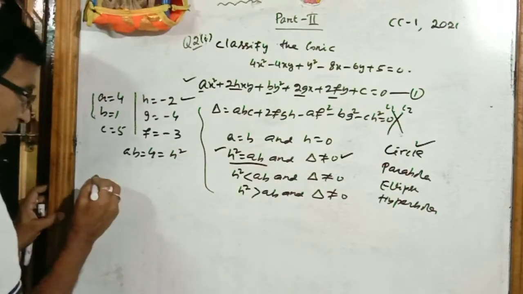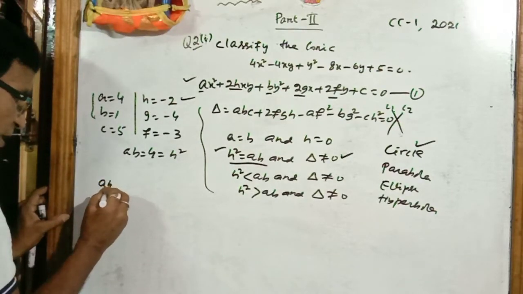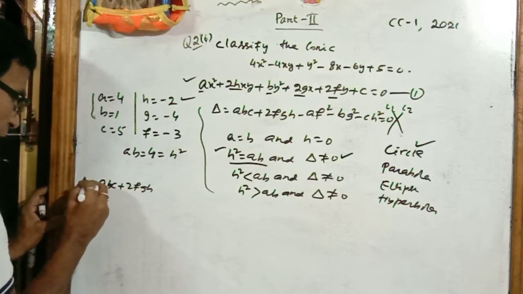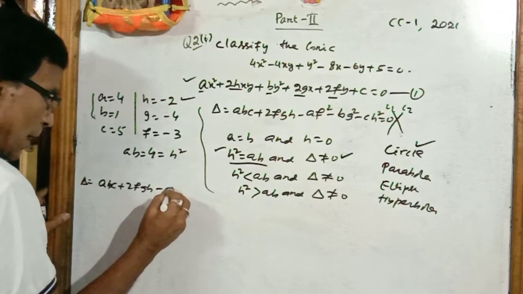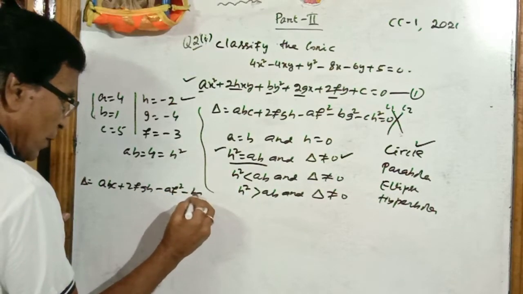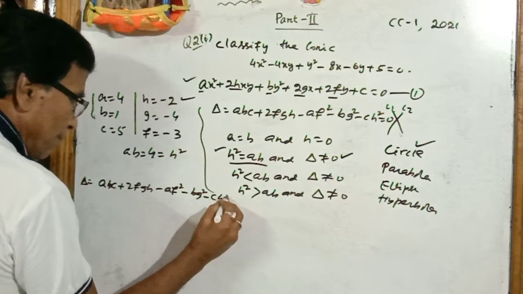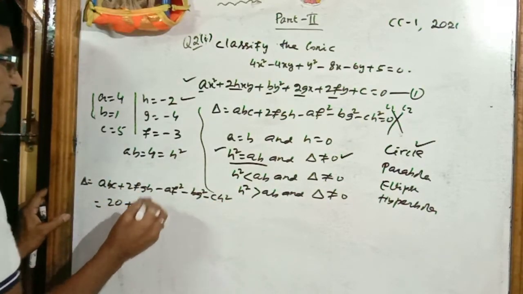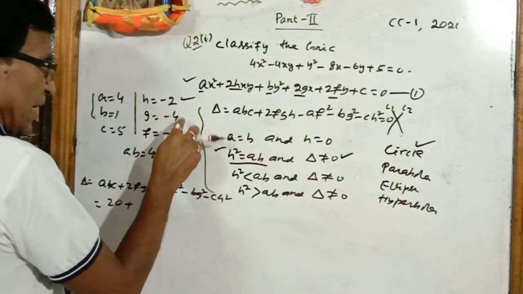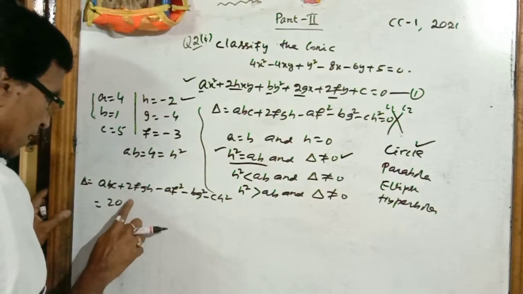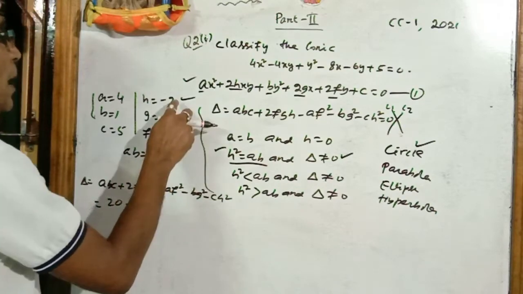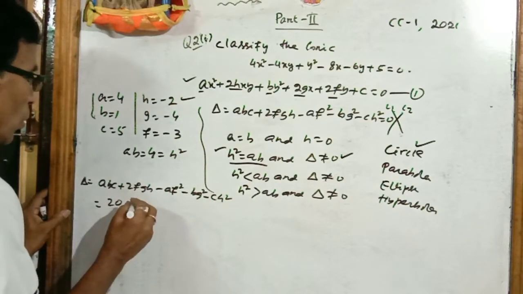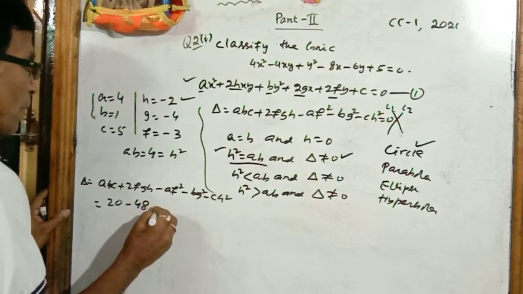What is delta? Delta is equal to ABC plus 2FGH minus F square minus BG square minus CH square. So ABC means its product is 20, plus FGH means it is 8 into minus 3, that is minus 24, into 2, minus 48, minus F square.